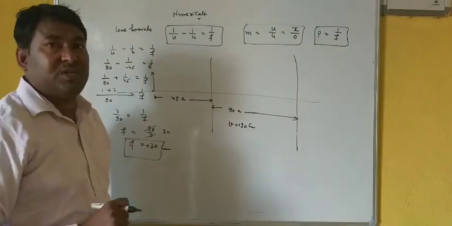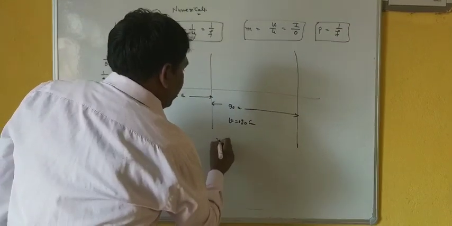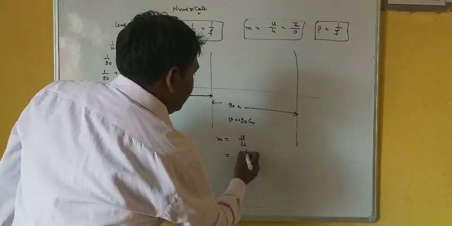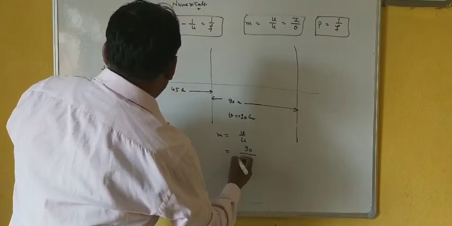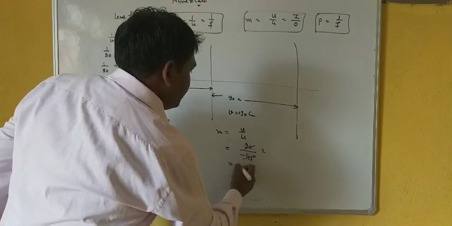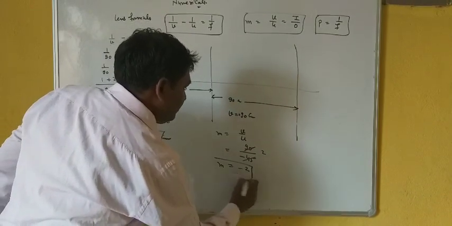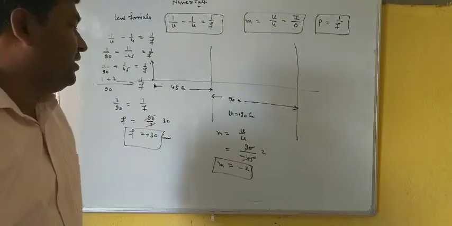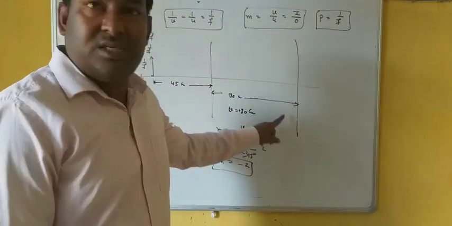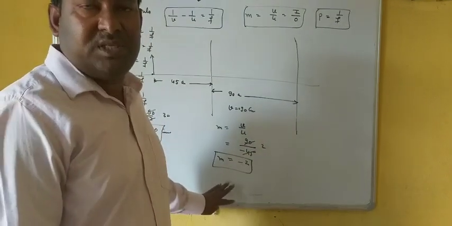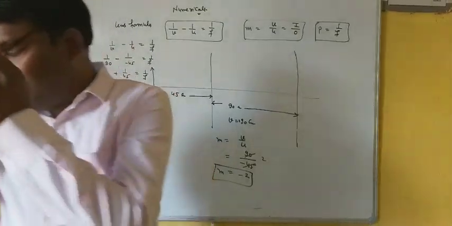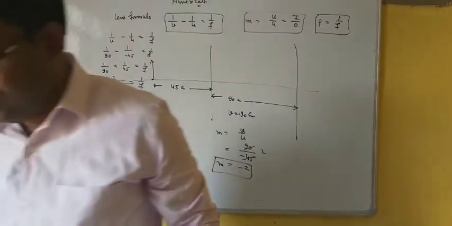Now its magnification, quite simple. Magnification M is equal to V by U, where V is 90 and U is minus 45. So M is minus 2. The minus sign means the image is inverted, real, and magnified.